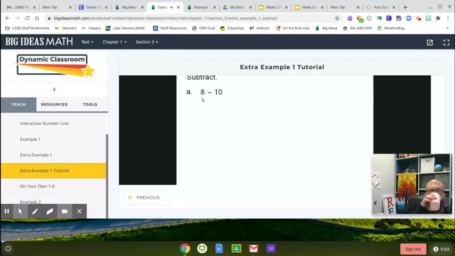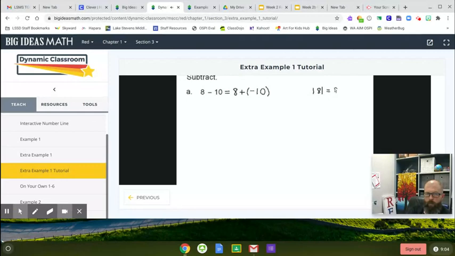So we have 8 plus the opposite of 10, which is negative 10. Now we have an addition problem with two integers of different signs. Remember, what we need to do is take the absolute value of each integer. The absolute value of 8 is equal to 8, and the absolute value of negative 10 is equal to 10.